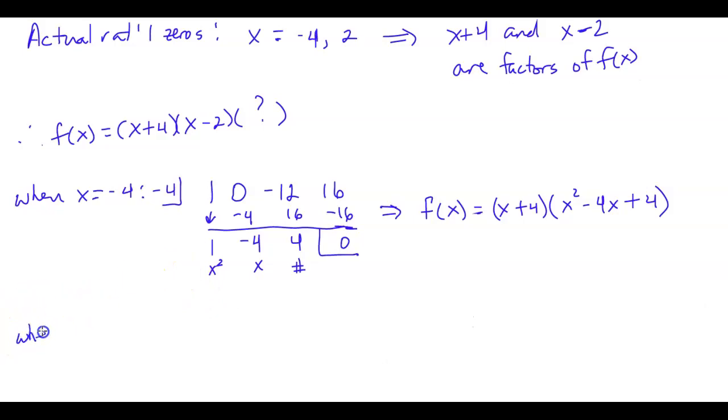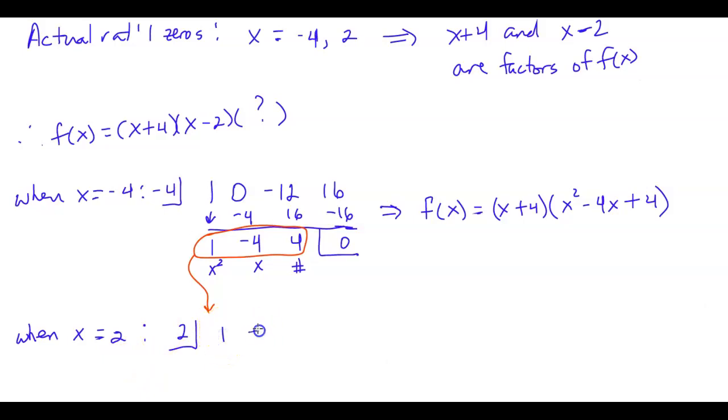So here, when x is equal to a positive 2, I'm going to set up again. And so now what's different is that we're going to take these coefficients and funnel them down here. And so this is how we actually factor down our polynomials.